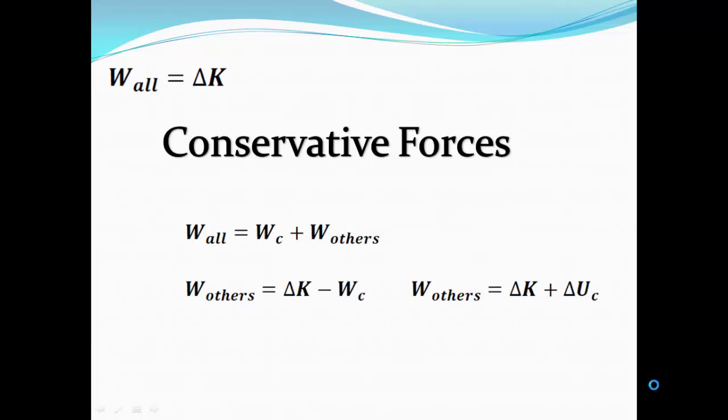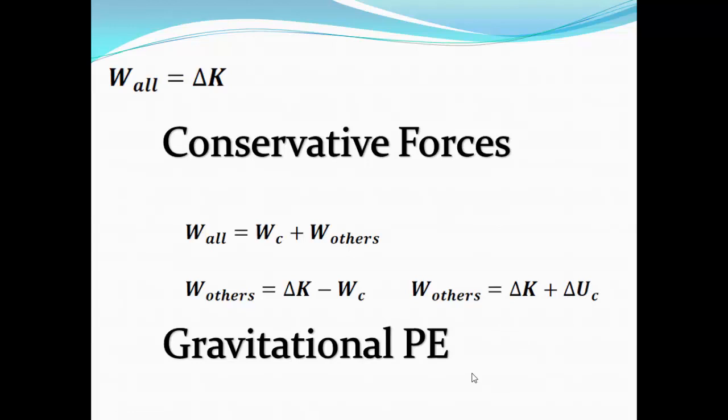Now, we know this term delta U_C will have two components, one for gravitational potential energy and another for elastic potential energy. So, our final expression will be work done by other forces equals the sum of change in kinetic energy, change in gravitational potential energy and change in spring elastic potential energy.